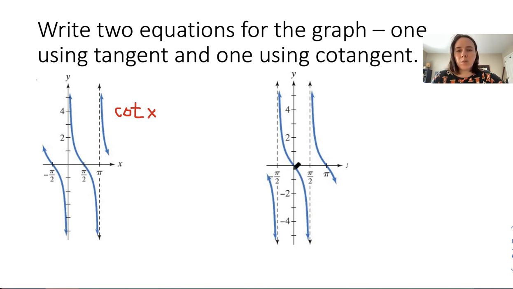So this one is going to be the cotangent of x plus pi over 2. It looks exactly the same as the graph on the left, except we gave it a little phase shift.